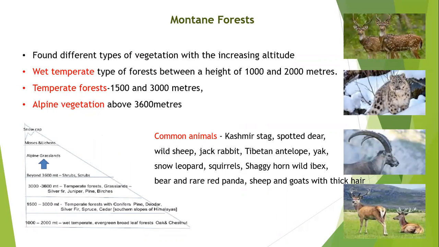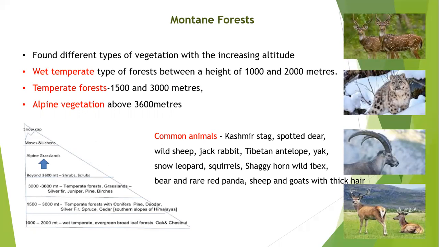The wet temperate type of forest is found at altitudes between 1,000 to 2,000 meters, and the trees found here are oak, chestnut, etc. Temperate coniferous trees are found at a height of 1,500 to 3,000 meters. The important species of trees found at this altitude are pine, deodar, silver fir, spruce, and cedar.